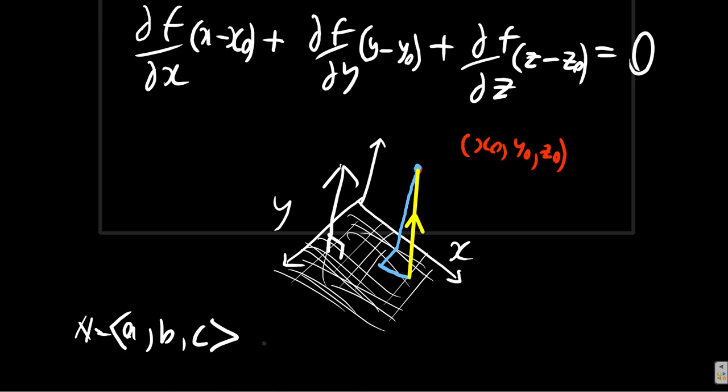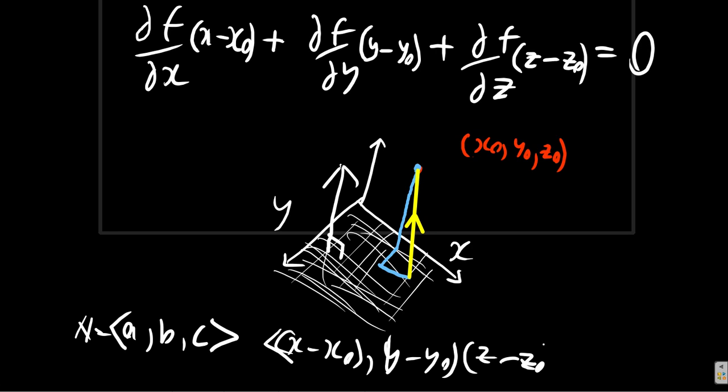Alright? The dot product between that and the change x minus x naught, y minus y naught, z minus z naught. The dot product between these two vectors would be a times x minus x naught, b times y minus y naught, c times z minus z naught. But instead of a, b, c, you're looking at the gradients. Alright?